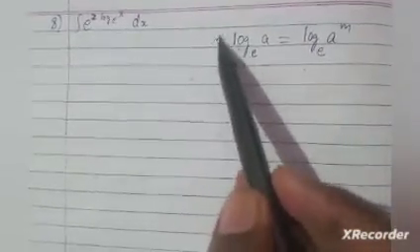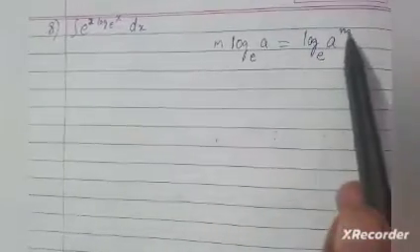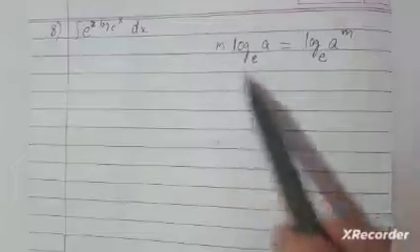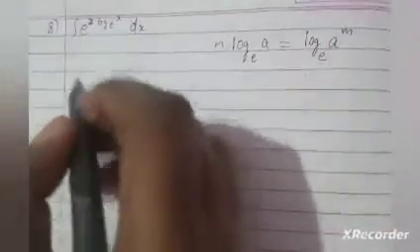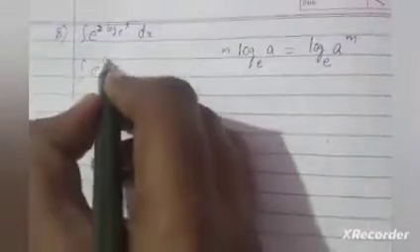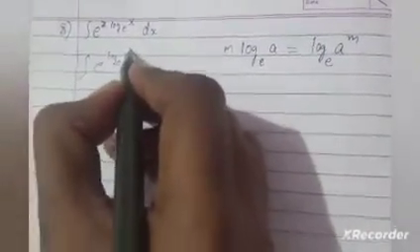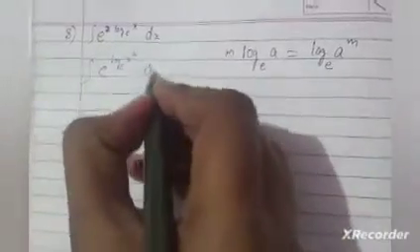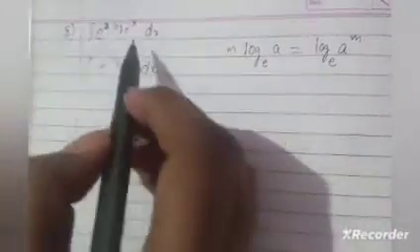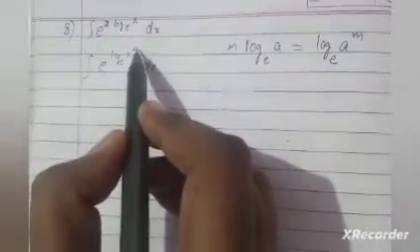This multiplied m goes to power, so we are going to write integration e to the power log to the base e x square dx. We have converted this multiplied 2 to power here on x.